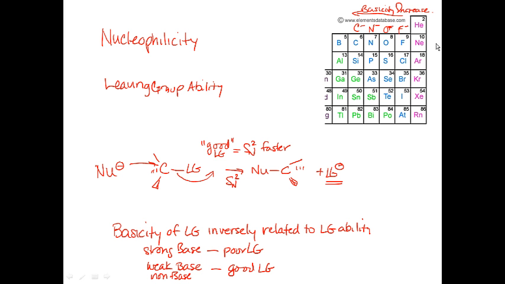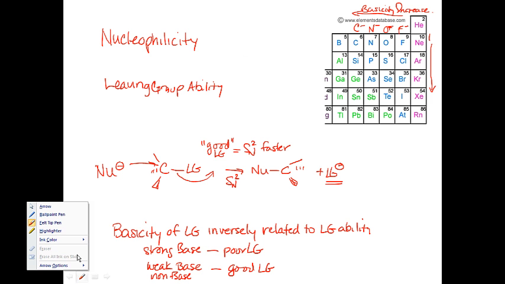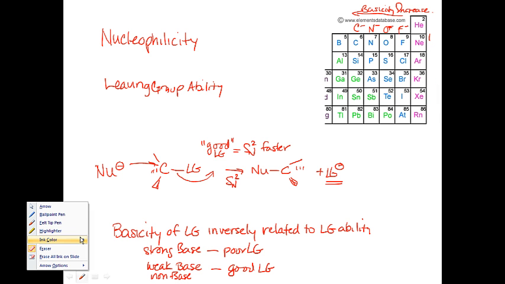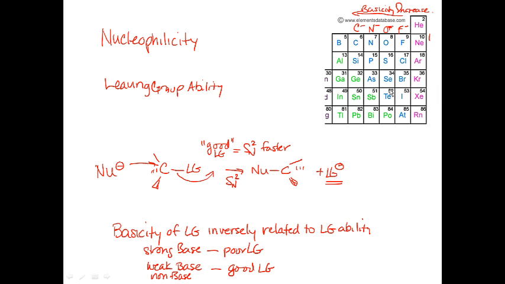Going from top to bottom, how does basicity change? Well, it turns out that basicity, as we go down the periodic table, well, I shouldn't confuse the arrows. Basicity will increase as we go up the periodic table.